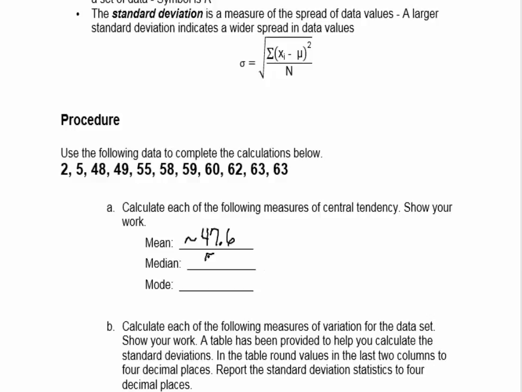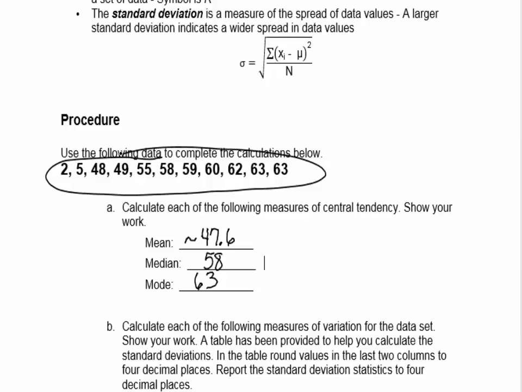Now, why do you think we need 3 of these measures? How come we can't just have 1? Because it's a mean, median, and mode. And why do I need 3 measures of central tendency? Let me ask you a question. Is this data centered around one of those more than the other? Yes. They're all centered around 58 more than the other 2, right?